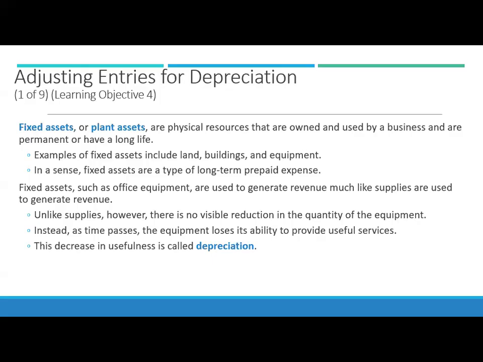Fixed assets such as office equipment are used to generate revenue, much like supplies are used to generate revenue. Unlike supplies, there's no visible reduction in the quantity of equipment. But as time passes, the equipment loses its ability to provide useful service. This decrease in usefulness is called depreciation.